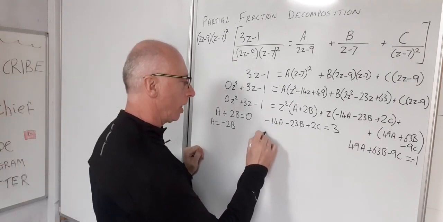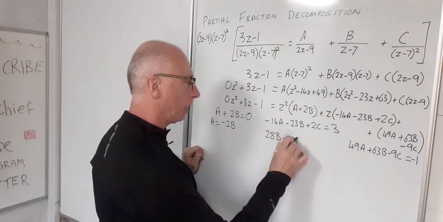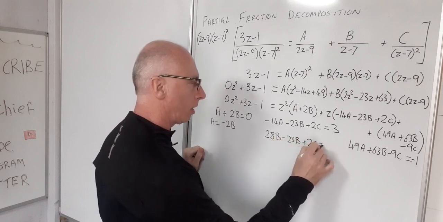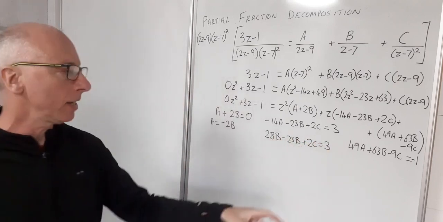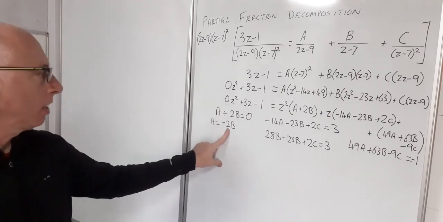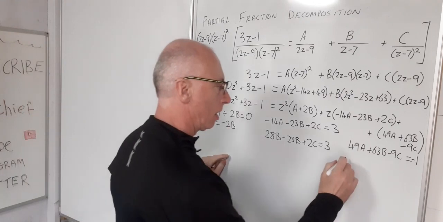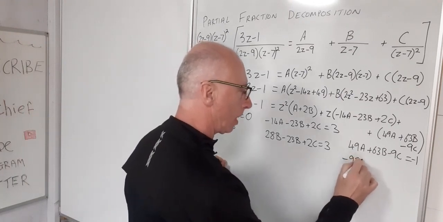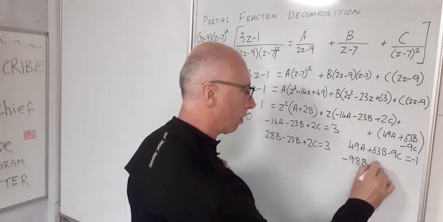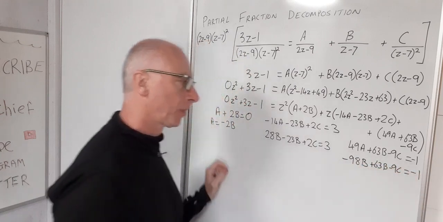So this equation now becomes 28b minus 23b plus 2c equals 3. And same in here, I've got 49a, a is minus 2b, so now I've got minus 98b. So this one becomes minus 98b plus 63b minus 9c equals minus 1.